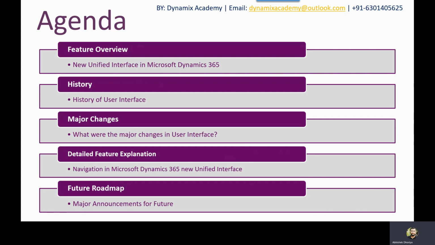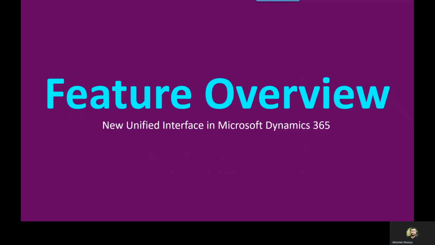After going through all the major changes, we will cover the detailed feature explanation of the new unified interface, and lastly we will see the future roadmap, that is, what the major announcements for unified interface in Dynamics 365 version 9.0 are. So having said that, let us now begin the feature overview of the new unified interface in Microsoft Dynamics 365.